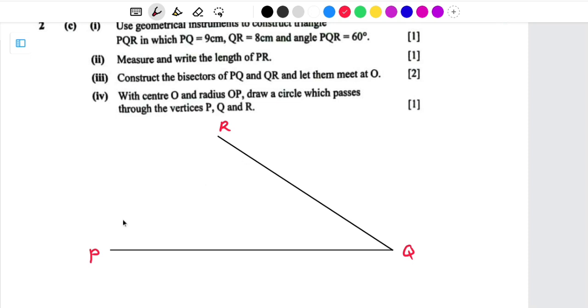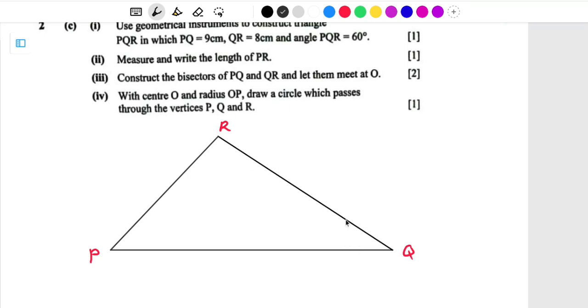But remember, this is the triangle, so I have to complete it. So even here, I'm just going to come at this point here. Right. So this is now a complete triangle. But remember, the question was also saying the angle PQR is 60.